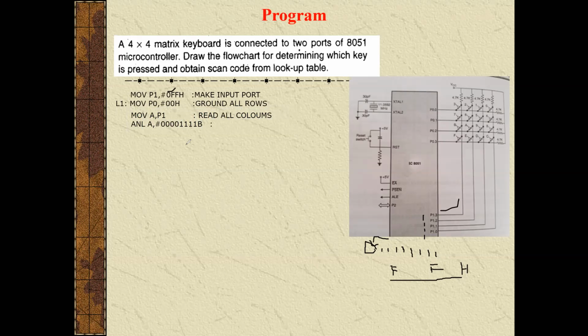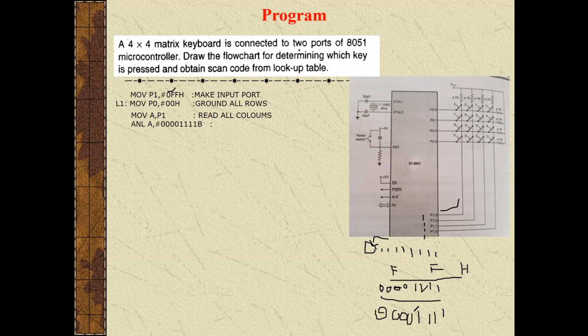For example, we have loaded P1 into A. Whatever is inside P1, this much is inside P1. Now we perform an AND operation between this data and this data. With 1 1 1 1, high high high high, the remaining bits all come out 0.